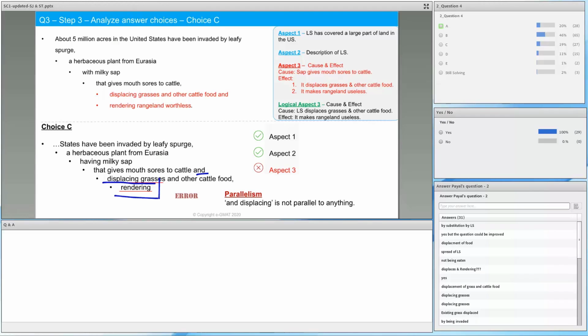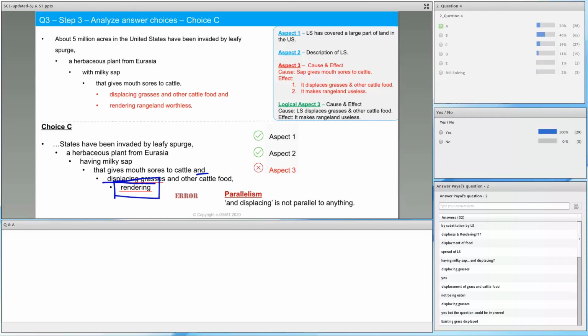Okay. Also, we don't even know now rendering is the effect of which action. It cannot be the action of gives mouth sores to cattle, because that is what we negated or rejected in the original answer choice. So we don't know what this rendering is the effect of. So the way choice C is written, displacing is not at its right place.